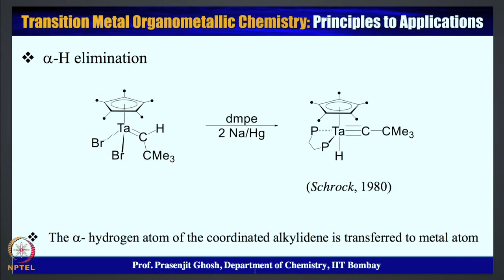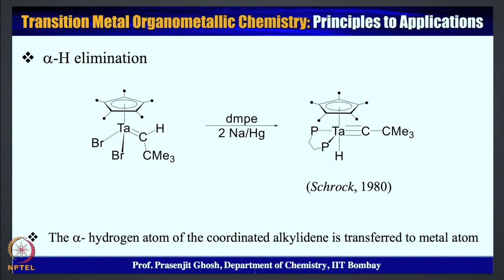So, this alpha elimination is also an effective method for synthesis of carbene complexes, and we see that the same can be used for synthesizing a carbyne complex, achieved on a transition metal carbene complex.